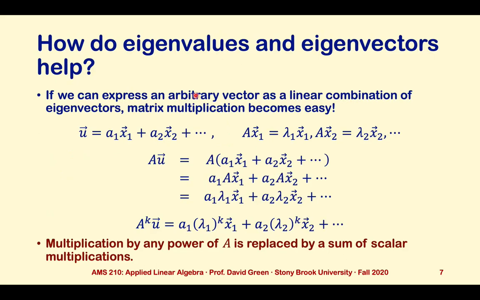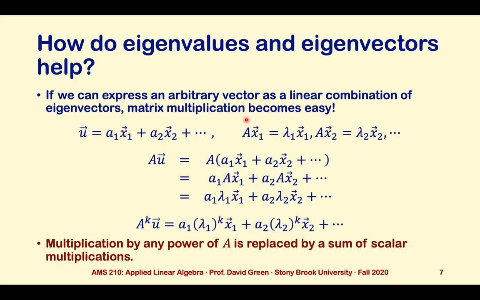Well, if we can express a vector as a linear combination of eigenvectors, what do we mean by that? We mean that we can take some vector u and write it as a1 times x1 plus a2 times x2, with as many eigenvectors as we may want, where each of these x1, x2 is an eigenvector. What does it mean to be an eigenvector?